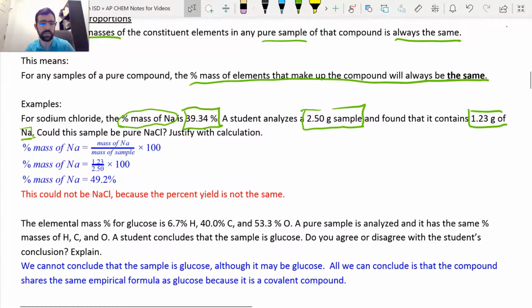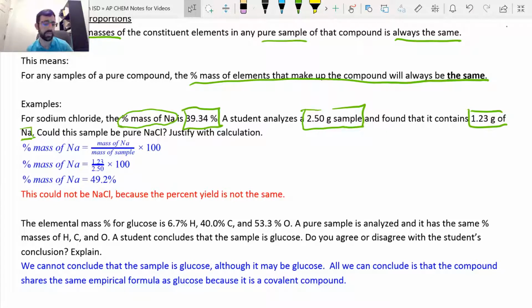I'm sure that this may be a little confusing at first for some of you, especially if empirical and molecular formulas are a little bit rusty, a little bit far back in your mind. So we're going to go through and review what an empirical formula is and what a molecular formula is, and why this question is not quite as cut and dried as it looks.